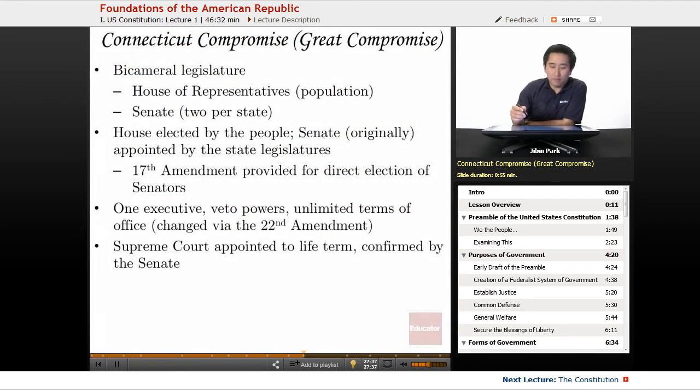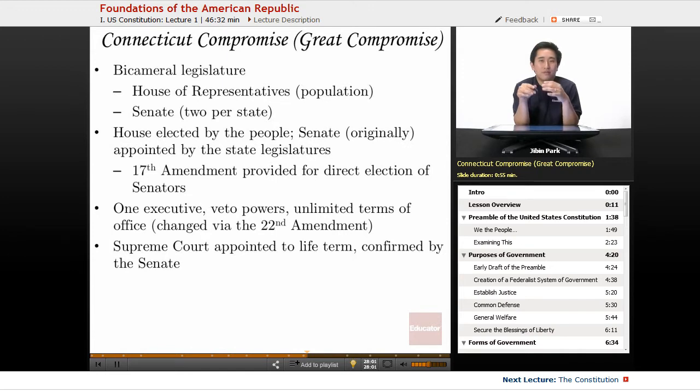The Connecticut Compromise, or the Great Compromise, was exactly how it sounds. You took some elements of the New Jersey Plan, mostly the Virginia Plan, and they came up with something that was not necessarily perfect, but something that satisfied contingents of both the small and the large states.